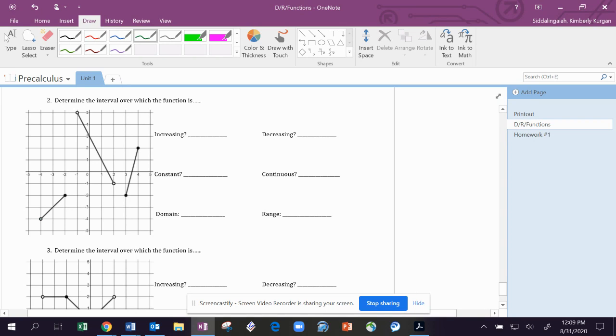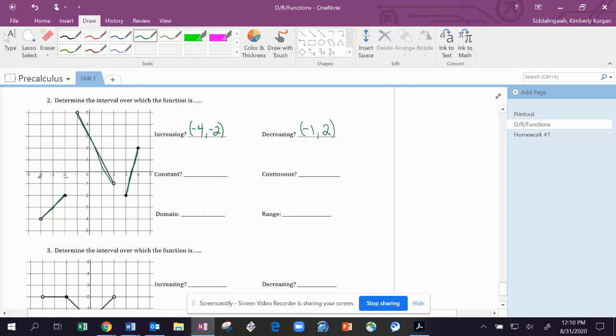All right, so for this one, I'm going up for that piece, so that's definitely increasing. So my x values are -4 to -2. This piece, we're going down as we go left to right. So that's decreasing. So that's going to be from x equals -1 to x equals 2.